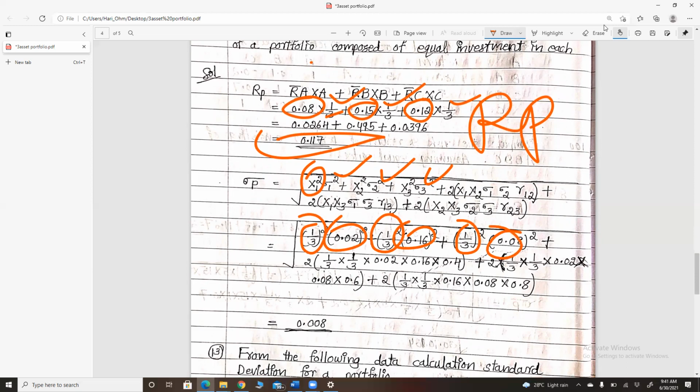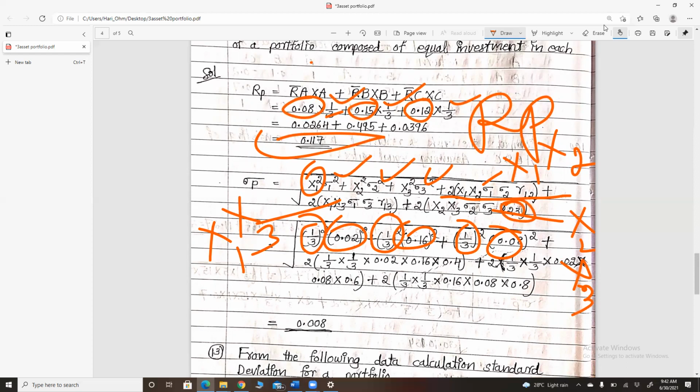These are the standard deviations. Then 2 into x1 into x2. Then next one, x1 into x3, and this last one x2 and x3.